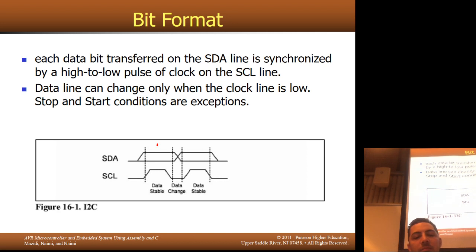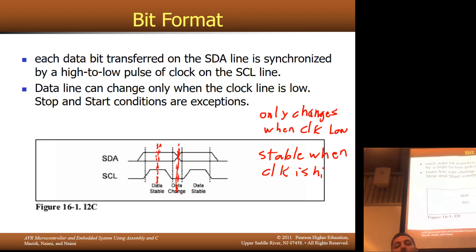Data is said to be stable when the clock is high, and it is said to change anytime the clock is low. So data will only change when the clock is low. It is stable when the clock is high.